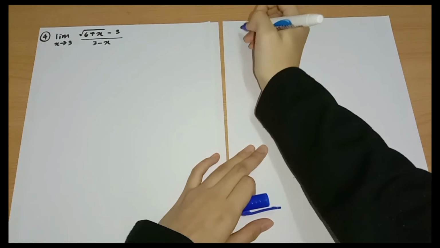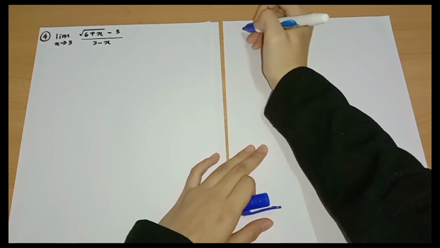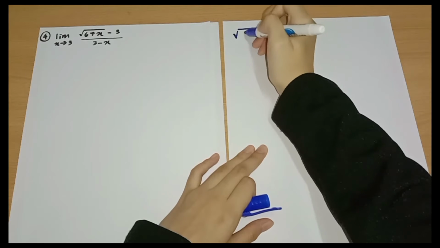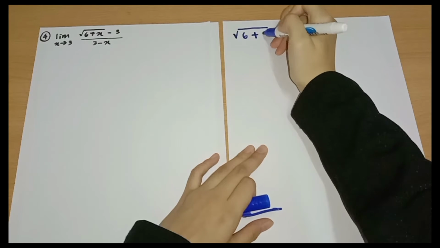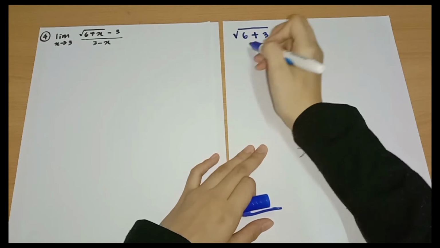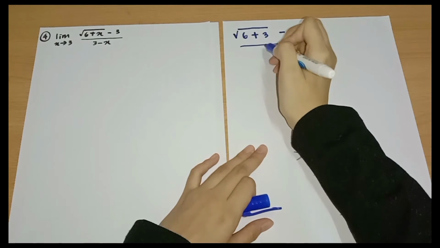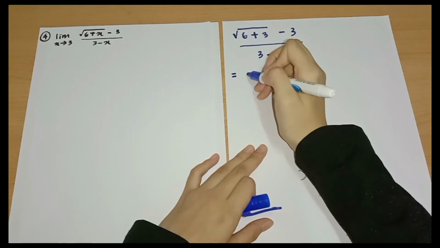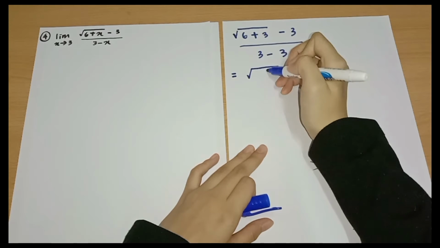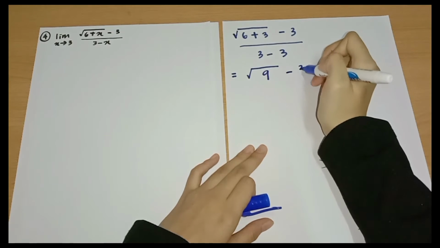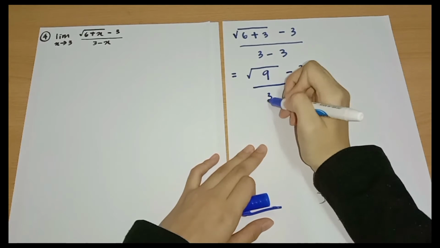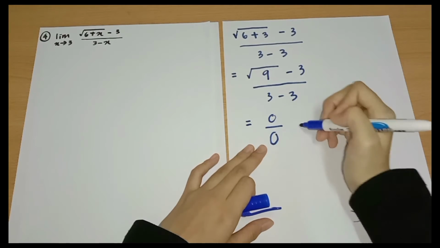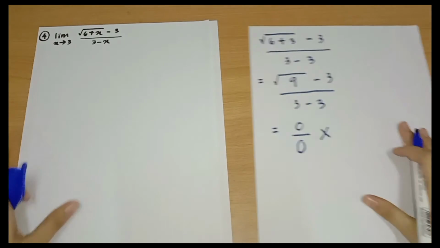So let's directly substitute 3 into x. Square root of 9 minus 3 over 3 minus 3 become 0 over 0. So cannot be the answer.